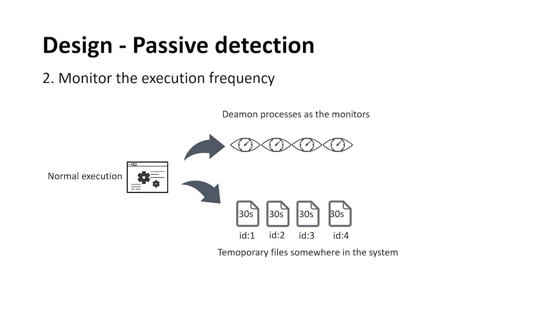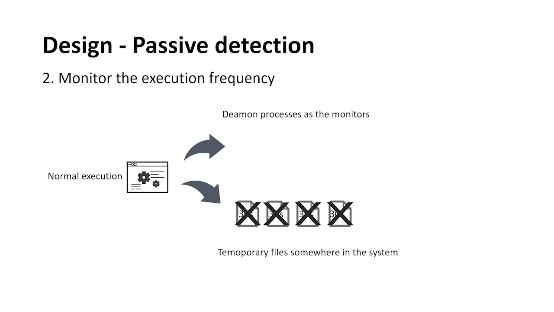After the 30 seconds, the daemon process will delete its corresponding temporary file and exit normally. This is the same for the other files. So this is how it works for normal execution.